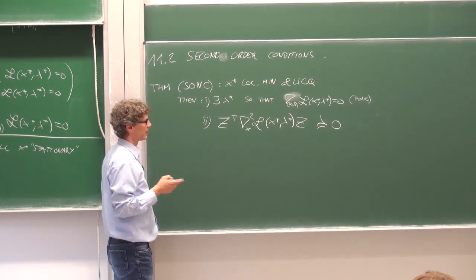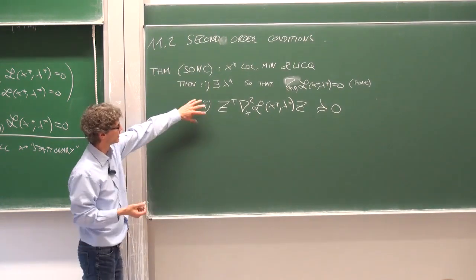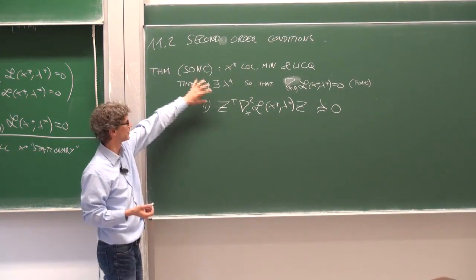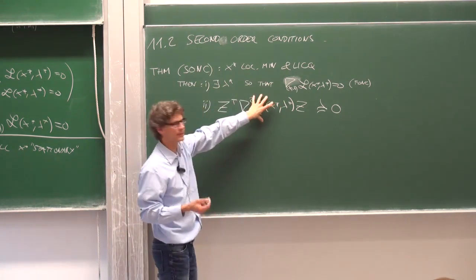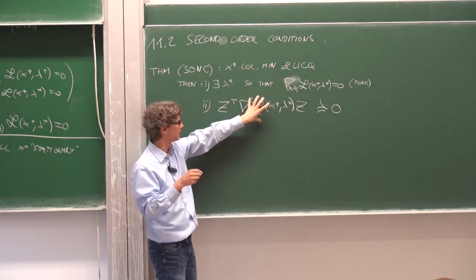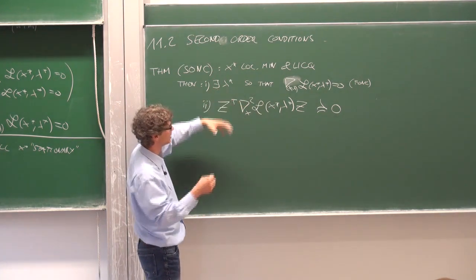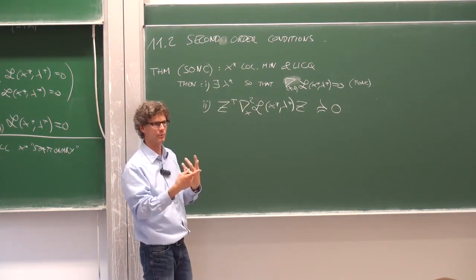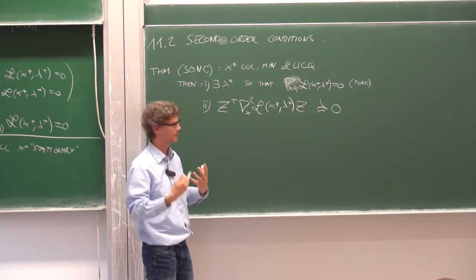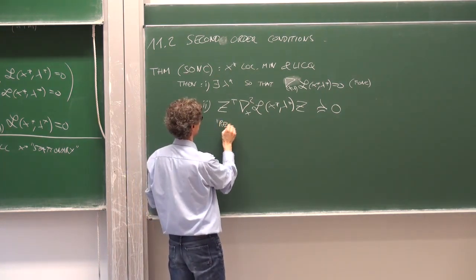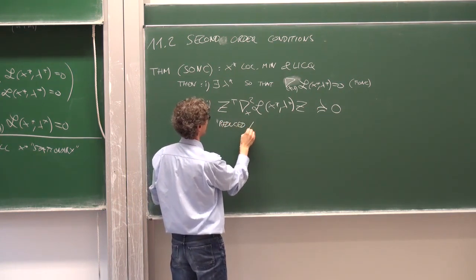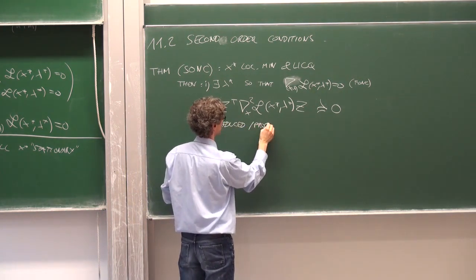This resembles very much what we had already before. So this is like stationarity, now with the Lagrangian. This is like positive definiteness of the Hessian, you remember that, but now it's in the null space, in the directions in which we are allowed to move. So it's a projected Hessian. This thing is the reduced or the projected Hessian.